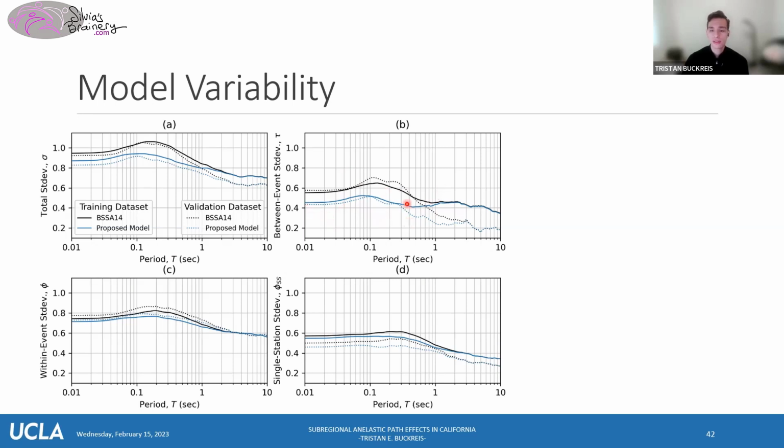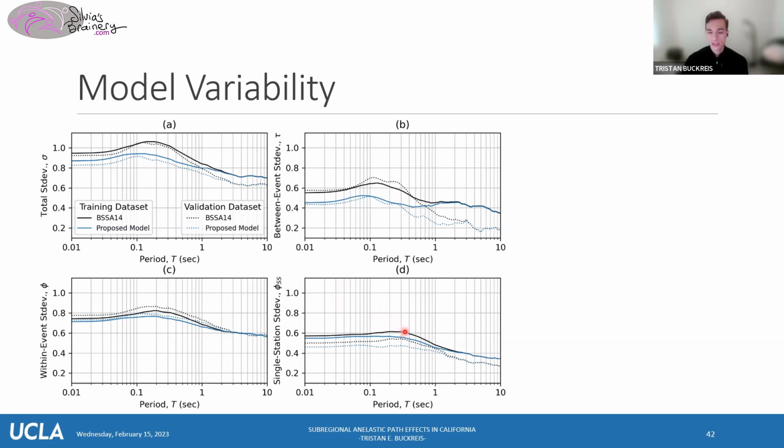So because we correct for those, our event terms were much more certain of their accuracy, that they reflect the event-specific bias just for source effects. And that's where we see the greatest reductions. But we also see reductions in phi, which is driven by the phi SS term. One thing related to this is there are models that give us these uncertainties that we can apply for hazard calculations, for example.